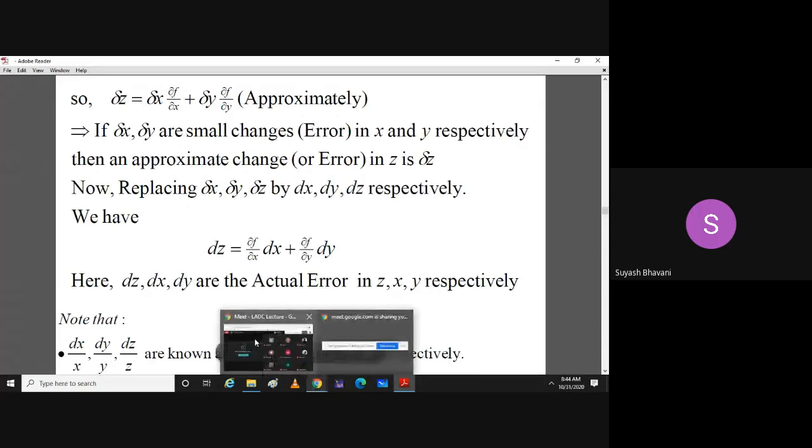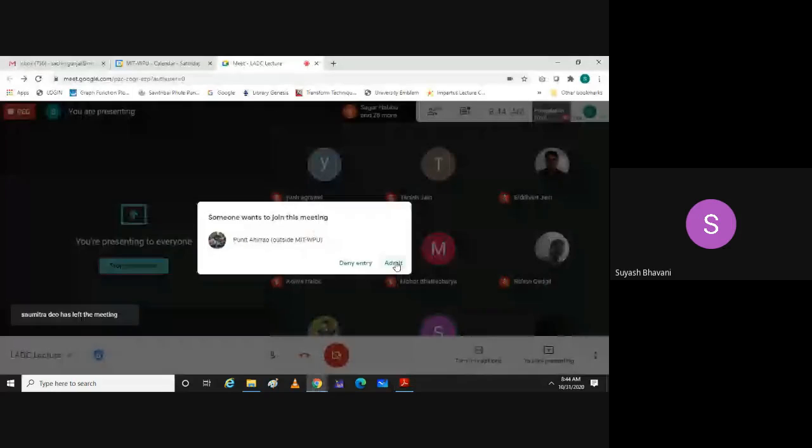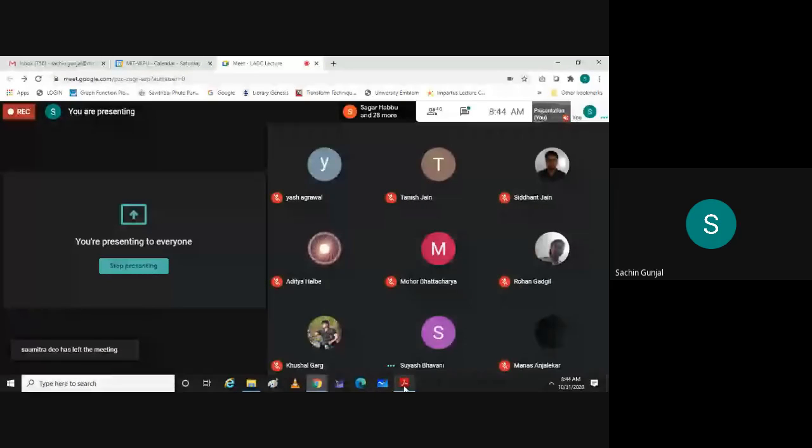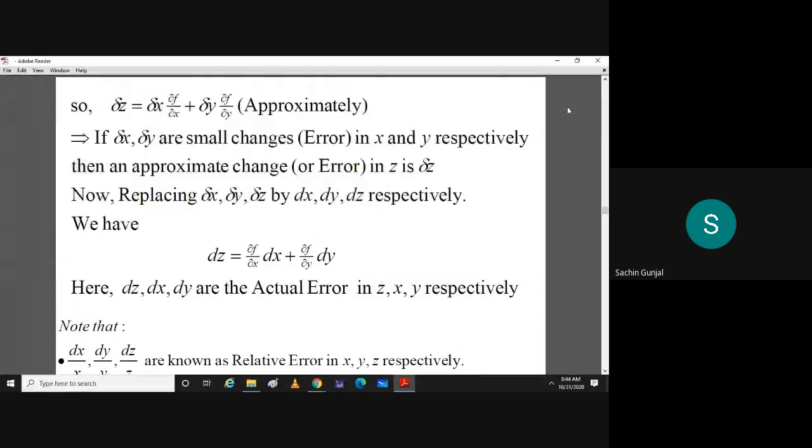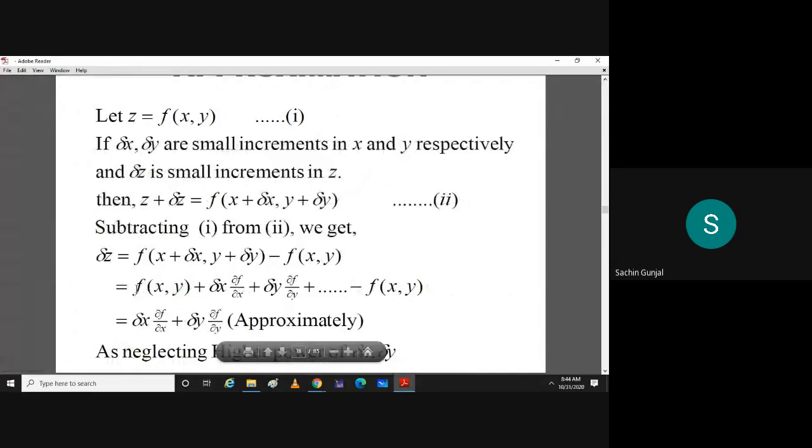Excuse me, sir. How did they do that expansion of f of x plus delta x, y plus delta y? That's what I said, this expansion is new for you. This is the Taylor series expansion of a two variable function. What we have studied is the Taylor series expansion of f of x. But this expansion, f of x, y plus delta x into double f by double x plus delta y into double f by double y, is the Taylor series expansion of a two variable function.